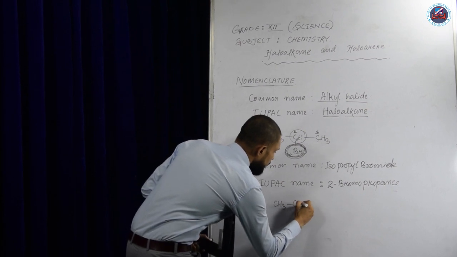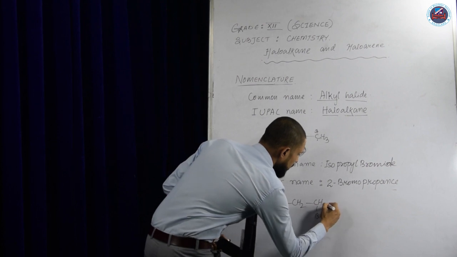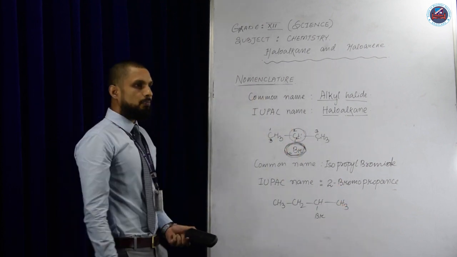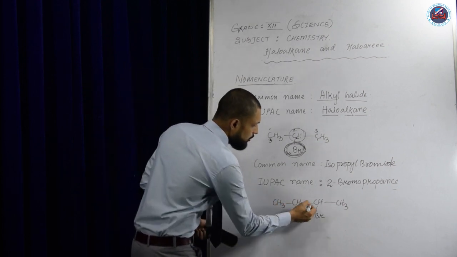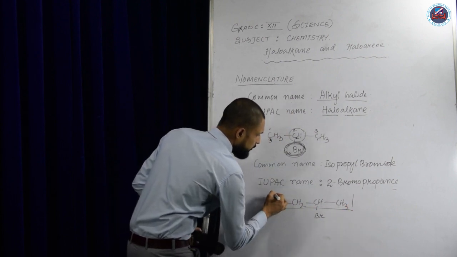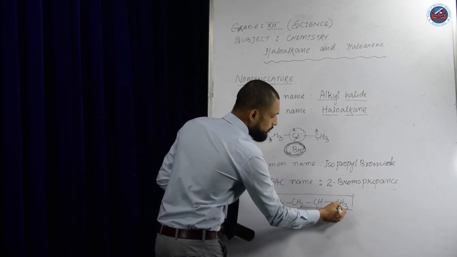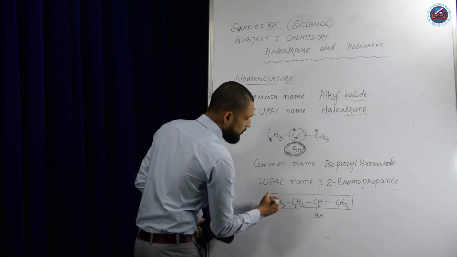Let us take the next example, CH3CH2CHBrCH3. In this compound, again the longest possible chain is 1, 2, 3, 4. From right to left is carbon 1, carbon 2, carbon 3, carbon 4.